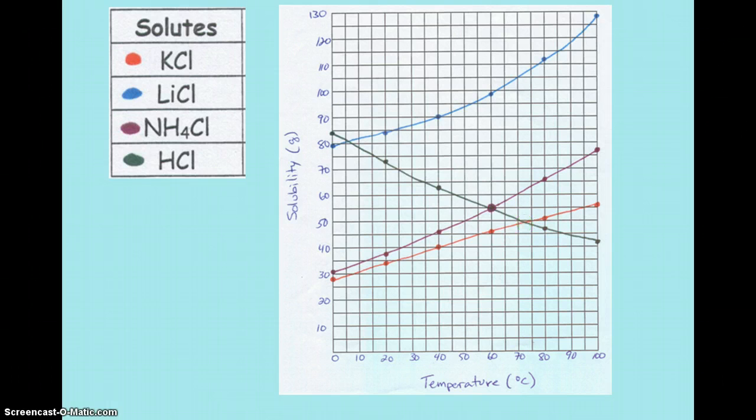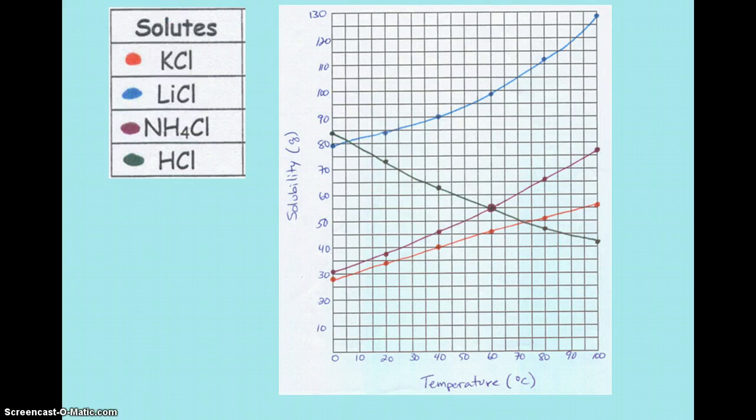Now, question 5. This one can be a little tricky. These curves represent the saturation line. So, for lithium chloride, this is the amount of solute that goes into the water at those temperatures to make a saturated solution.